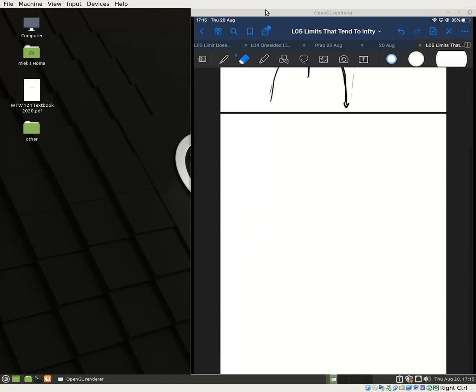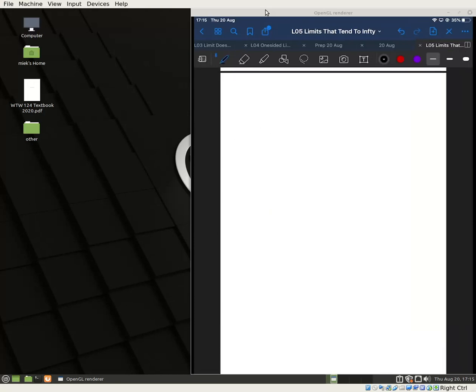Okay, let us write down the rigorous definition of what this means. Definition. Let f be some function defined on an open interval from a to b.